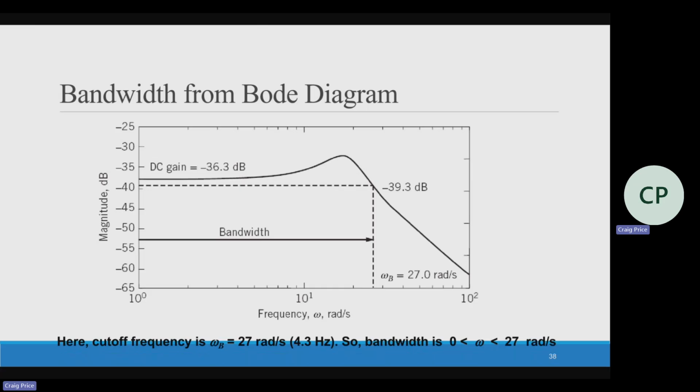This is where, after this point, you see my output just dies out really fast. So that's like our cutoff frequency. A lot of filters, this is kind of how they're constructed. They're based on, if you want a cutoff frequency of this, go with this RLC circuit, can get you this kind of low pass filter. That's our cutoff frequency calculation. You just drop 3 decibels.